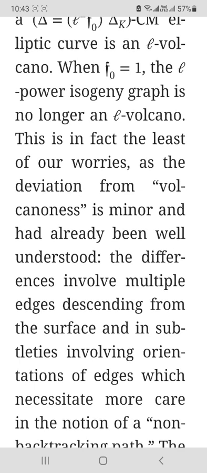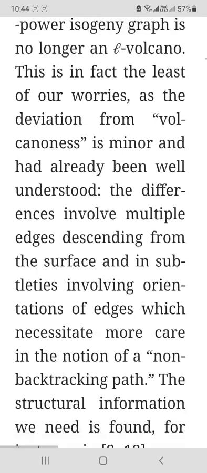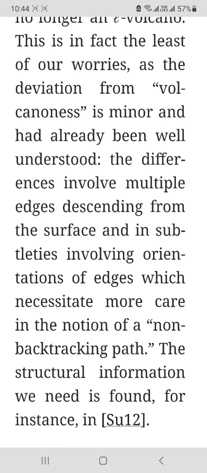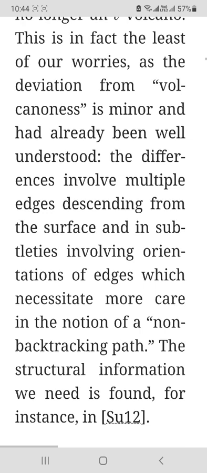When f0 is equal to 1, the L power isogeny graph is no longer an L volcano. This in fact is the least of our worries, as the deviation from volcanoes is minor and already well understood.